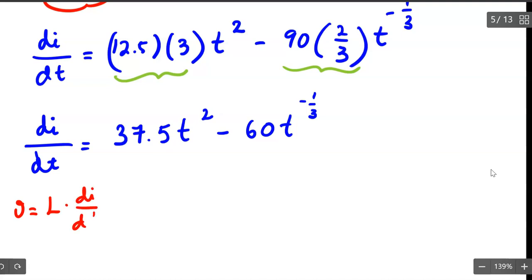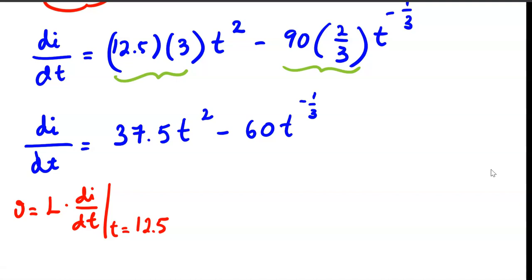di over dt. In this case it will be equal to, but I'd better say that I evaluate this at the time t equal to 12.5. Okay, so 12.5 seconds.